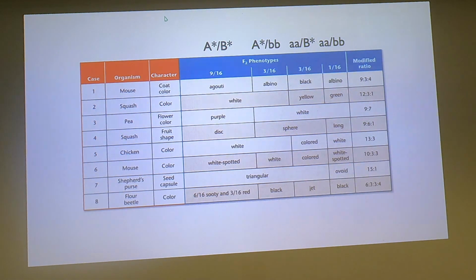Okay, here's a messy one. Chickens. Oh, so we got white and colored and white, and we got a 13:3 ratio. Now, this is kind of like Darwin's observation when he was looking at pigeons, and he said, hey, white, it's strongly inherited, right?